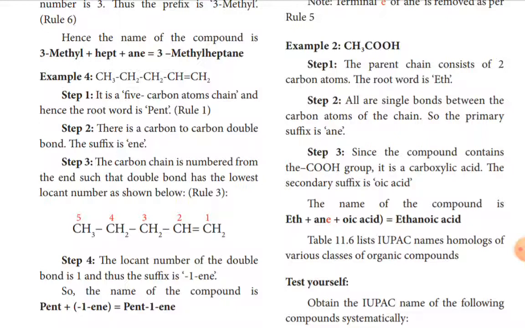So the root word is pent. And with the first carbon, the double bond is located. So 1-ene, pent plus 1-ene, that is pent-1-ene.